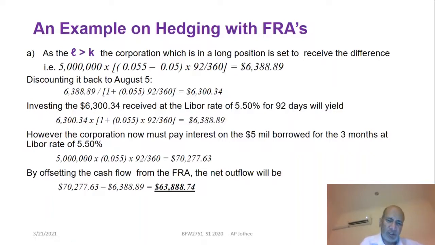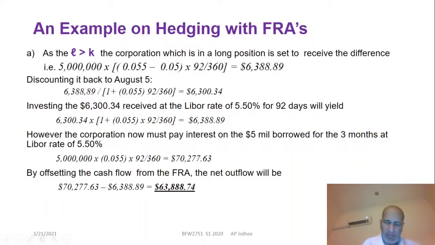But because you already earned and invested this money, you can subtract it from here. So it's offsetting. By offsetting the cash flow from the FRA, the net outflow will be 70,277.63 minus 6,388.89. Your net outflow is 63,888.74. That is if L has gone up to 5.5%.